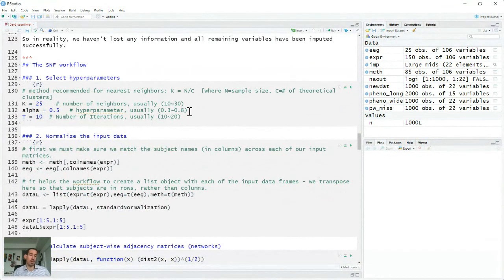It's not informative. So predictive mean matching works for skewed distributions, works for categorical variables, works for numeric variables. 2 thumbs up. So we're going to jump into SNF, and the SNF workflow is fairly clean and fairly straightforward.